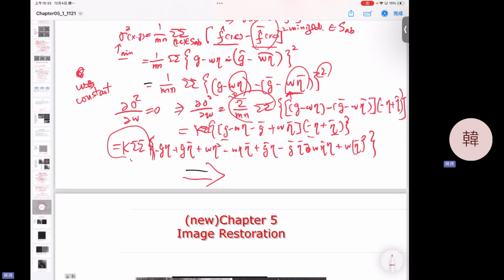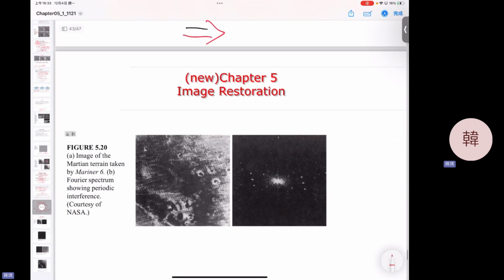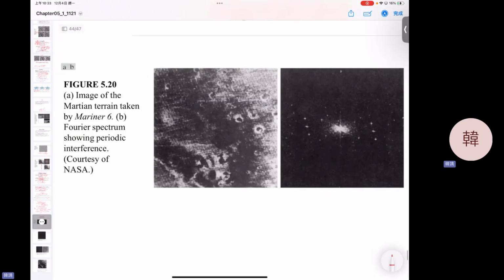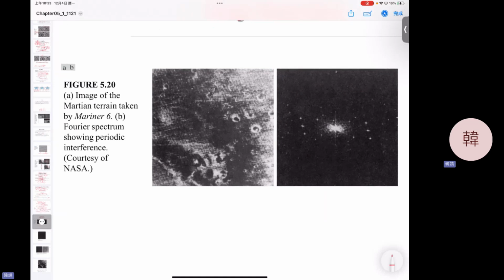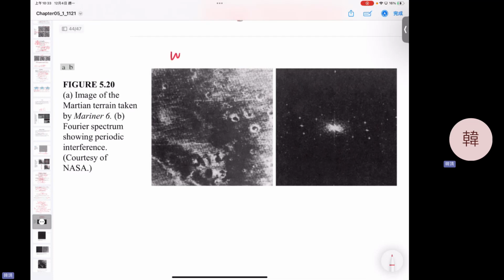So that's the way you try to assume every sub-image can be predicted, can be removed by some optimized weighting coefficient. So let's see what's the result here. Again, we can see if you choose the right parameter in every sub-image, W equal to what?